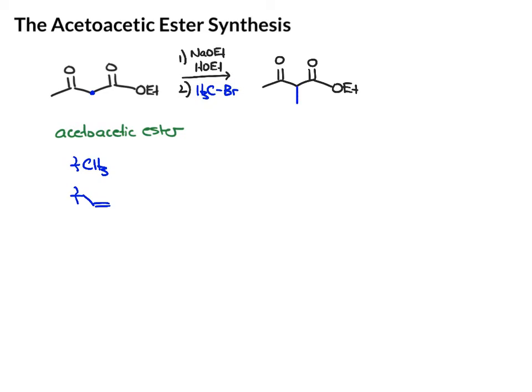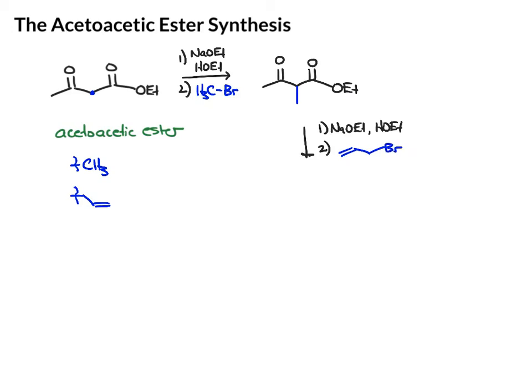Now, if we want to add this allylic group, we need to do a second alkylation. So I'll add the base again. Here's the allylic bromide.